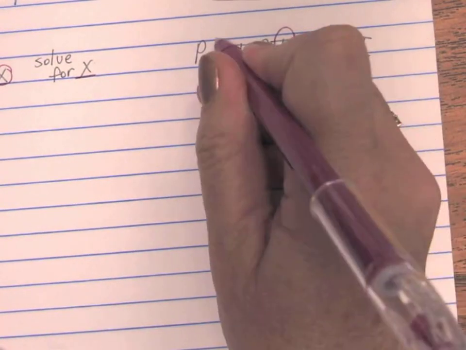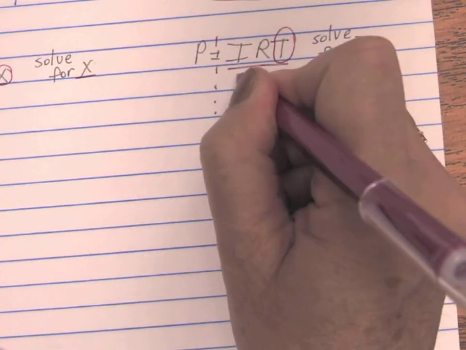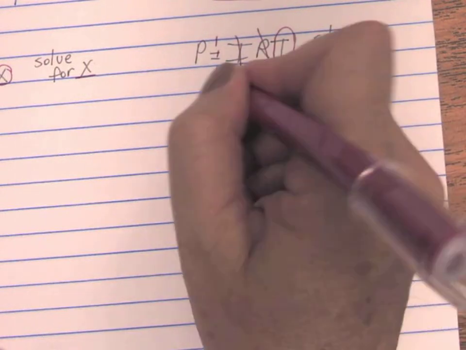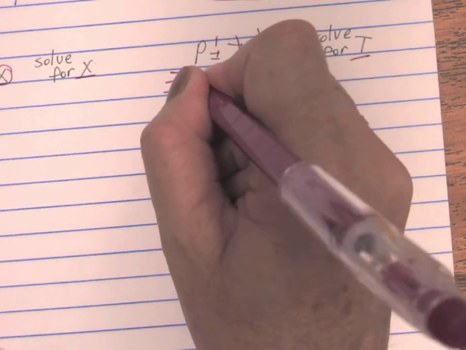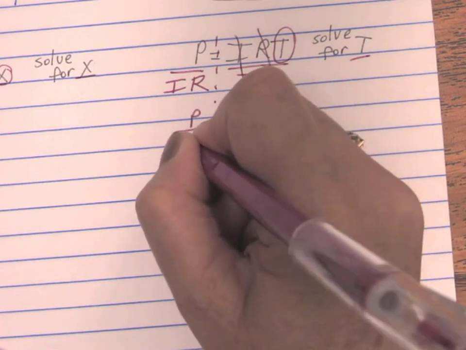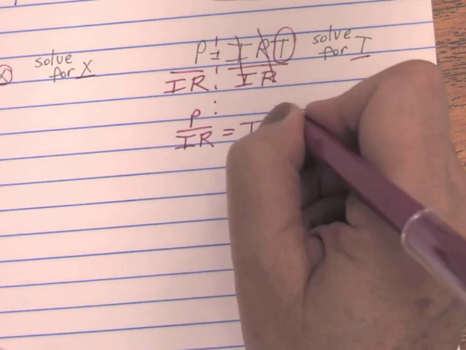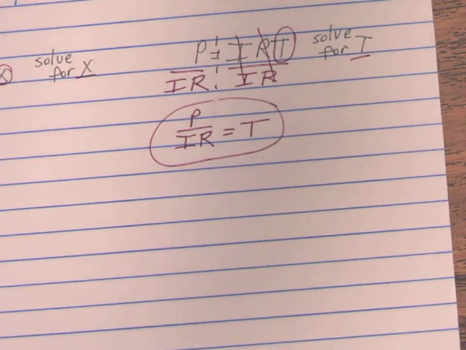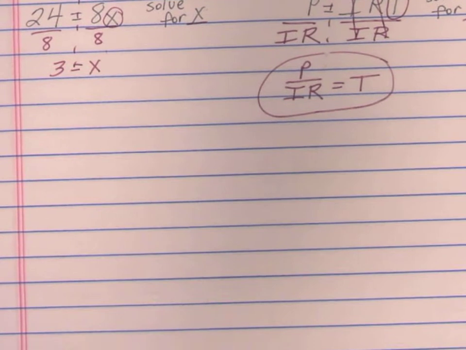What's multiplied by t that I want to get rid of? Isn't it I and r? Don't I want to get rid of I and r? So I divide by them. What I do to one side, I must do to the other. I'm finished. I can't actually divide a P by an I and an R. There. I rearranged. I rewrote it. There's my answer. I have accomplished my purpose. I have solved for T.